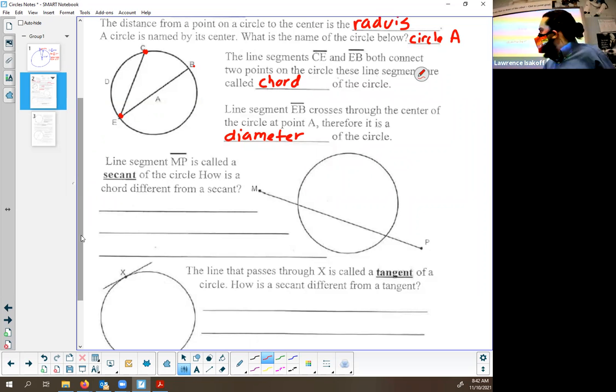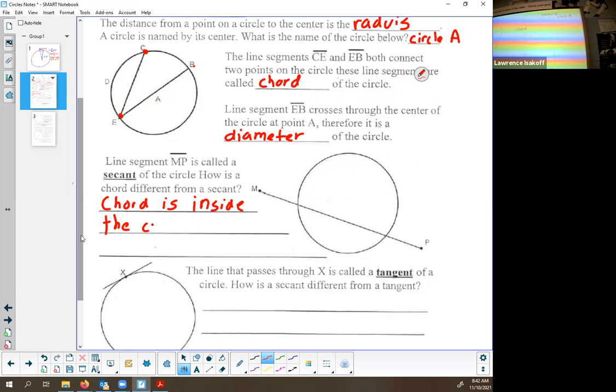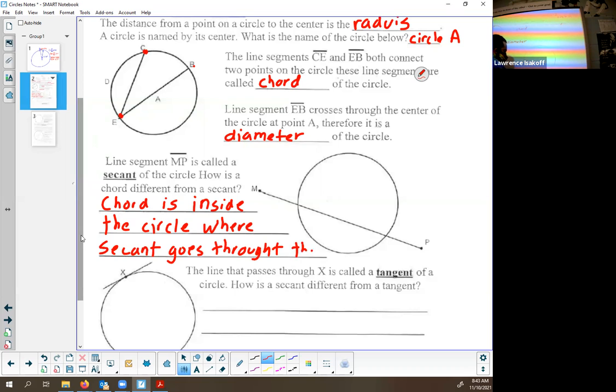So a secant and a chord are very similar. The difference between them is a chord is inside the circle, where a secant goes through the circle.